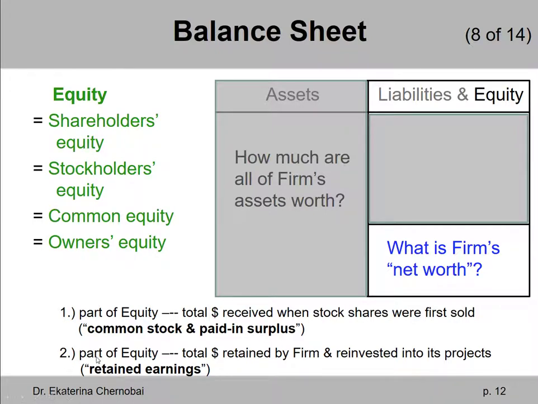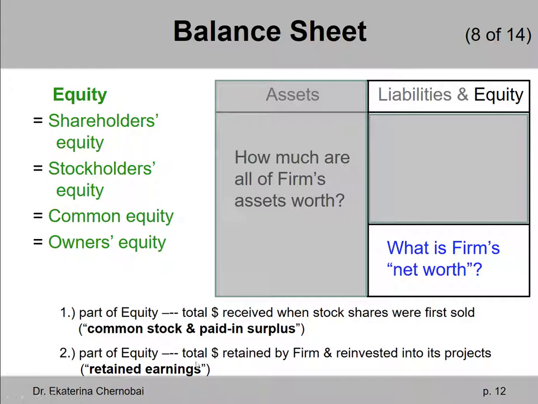The second component of equity is called retained earnings. So this is basically additional money that's added with each year. That's nothing but how much profit from the annual production and sales is kept or retained by the firm.